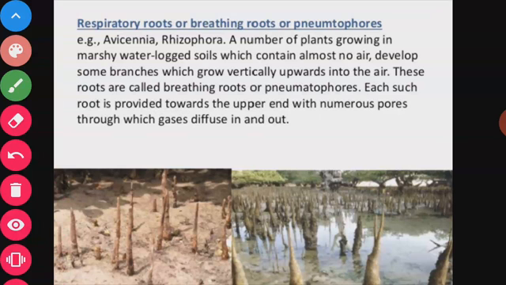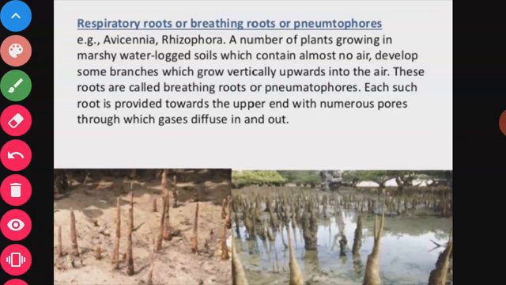These roots penetrate into the stems of the other plant, on which those non-green plants, some fungi like Cuscuta, grow. Those roots penetrate into the stem of other plants for sucking food. Those kinds of roots are called parasitic roots.